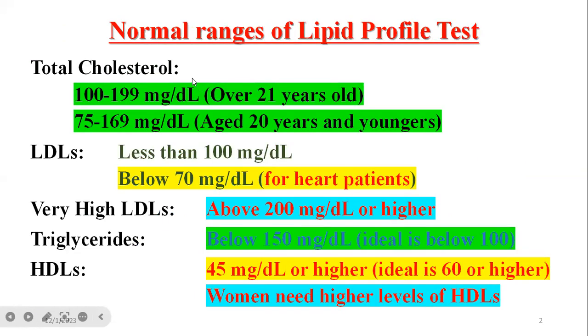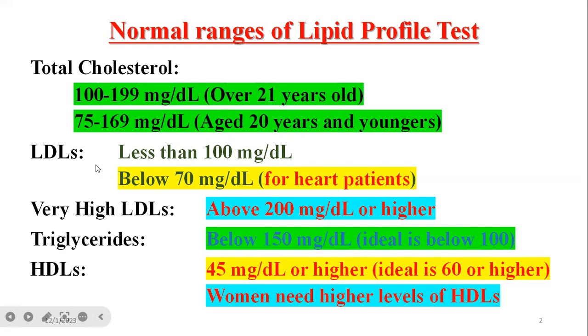Now we shall consider the numbers of LPT. In case of LPT, total cholesterol in normal range is 100 to 199 for 21 years old and above, and it is 75 to 169 milligram per deciliter for the people having the age of 20 years or less.